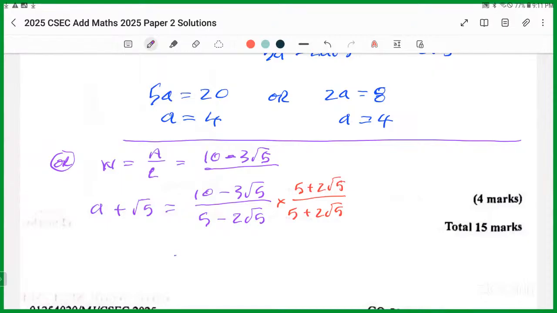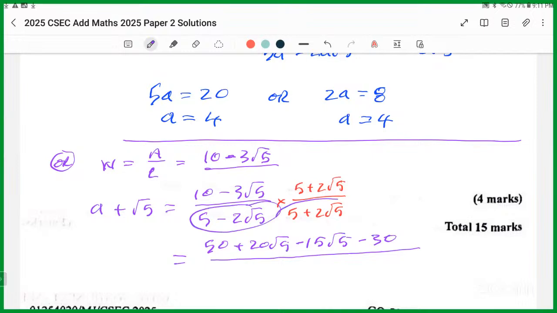So this becomes 10 times 5, which is 50. 10 times this is 20 root 5, so it's plus 20 root 5. Then minus 3 root 5 times 5 is minus 15 root 5. Careful now, this times this: root 5 times root 5 is 5, 3 times 2 is 6, so 6 times 5 is 30. That's minus 30.